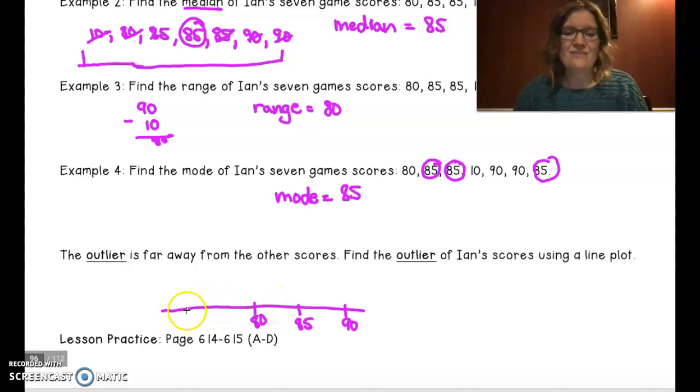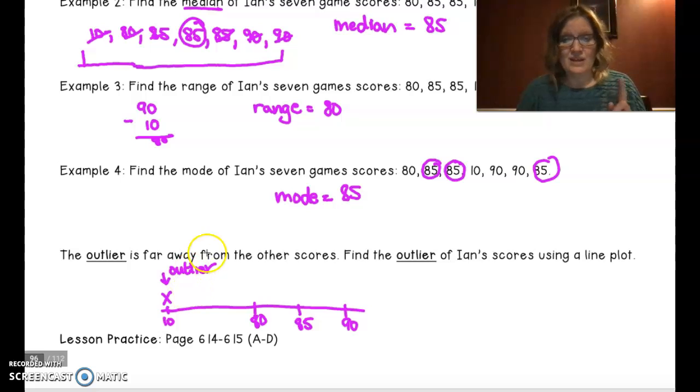And far, far, far away over here, we have 10. So because this is so far out and it's not related to our numbers, this is our outlier.